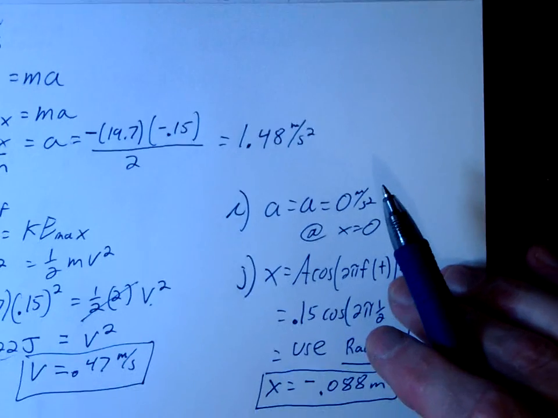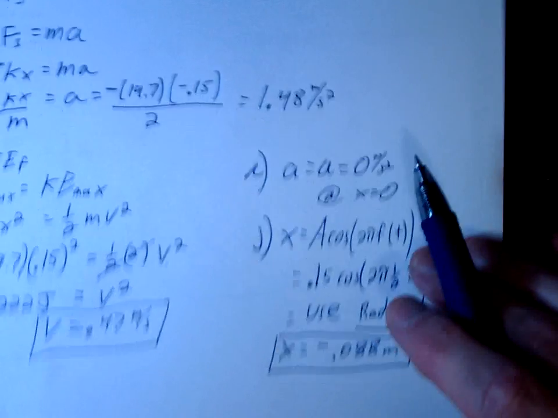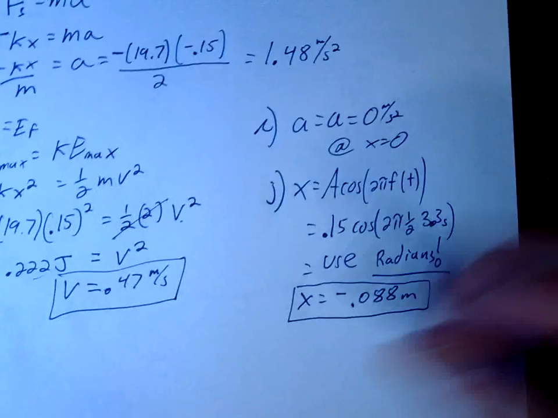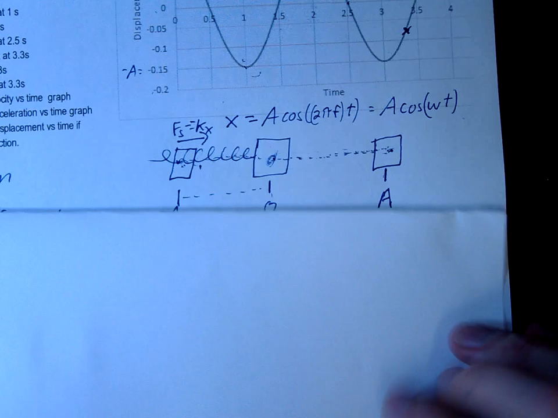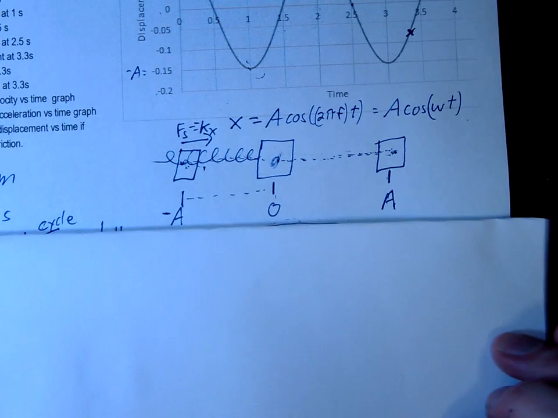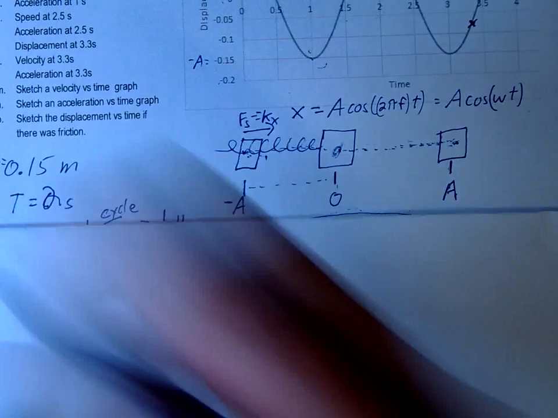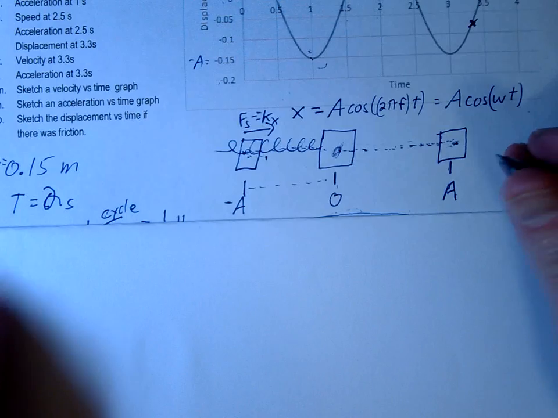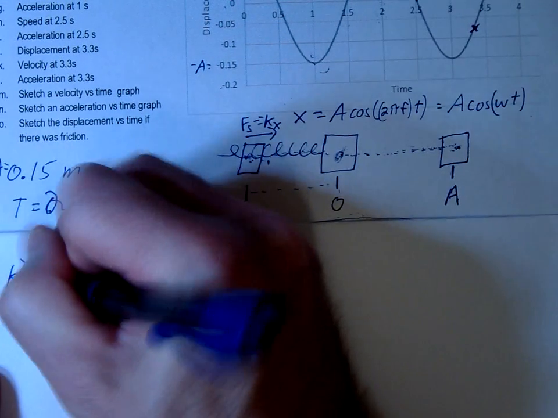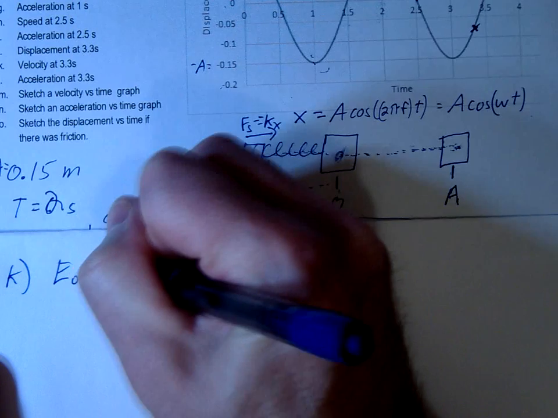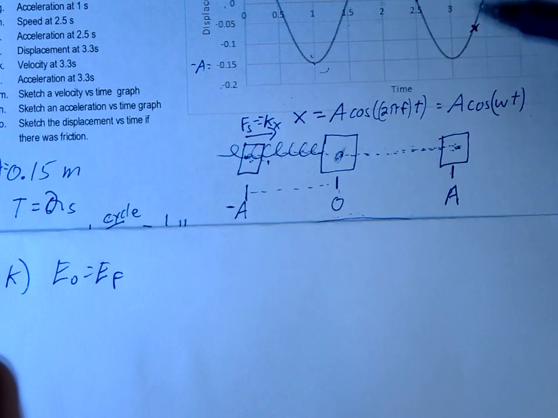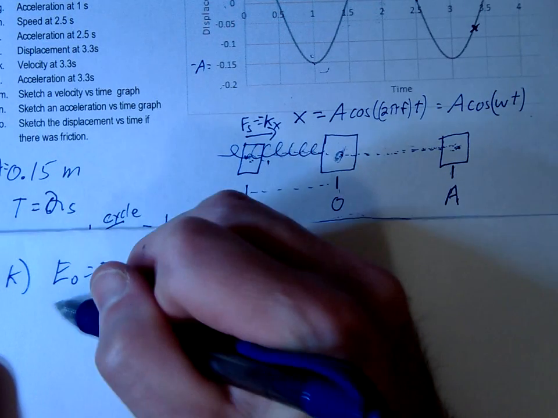Alright, letter K, let's find the velocity at 3.3 seconds. So we're looking at the velocity at that time. We're going to use energy for this. E initial equals E final. Remember, we already know our initial energy. That's just going to be our US max.